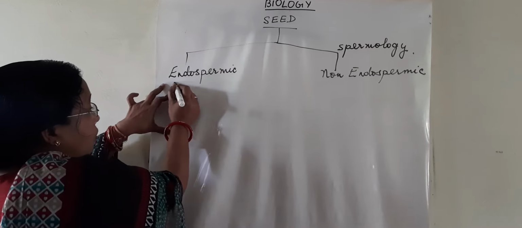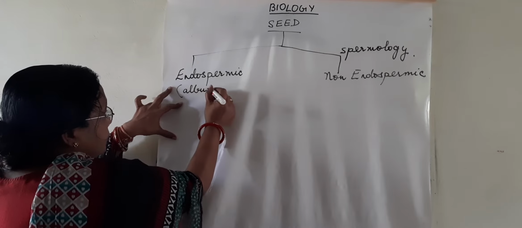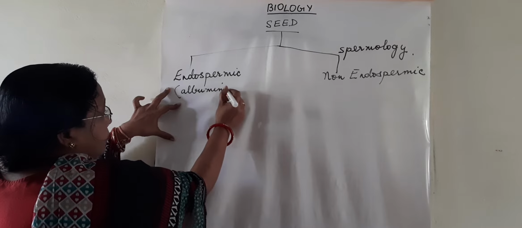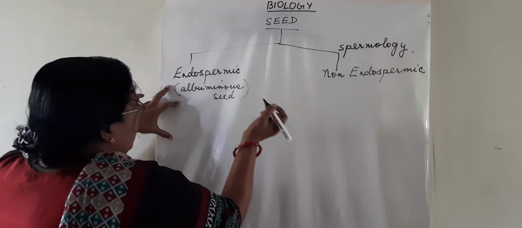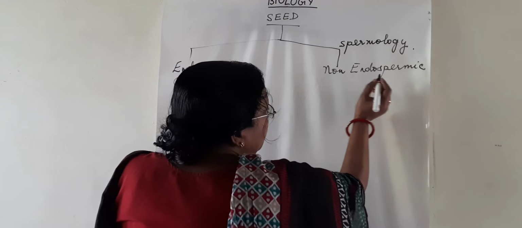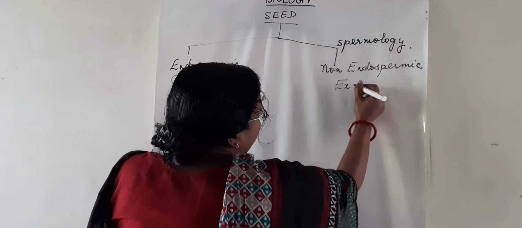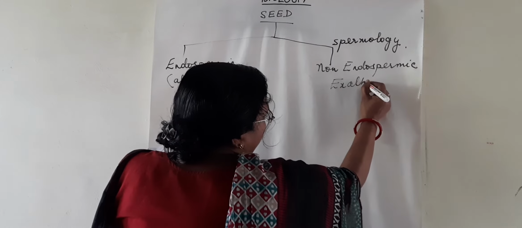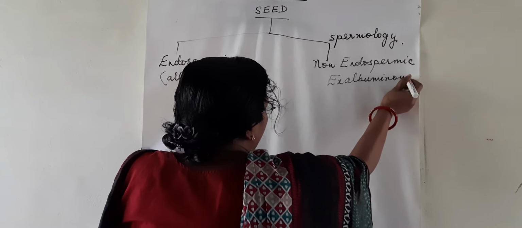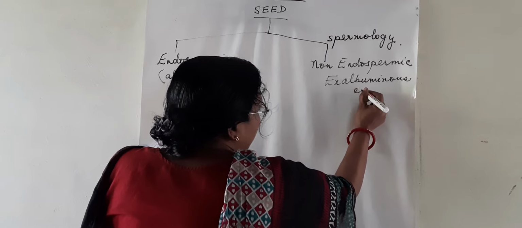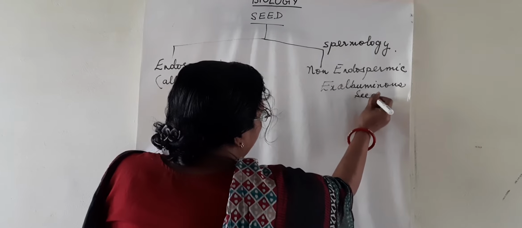Endospermic seed is also known as albuminous seed. The non-endospermic seed is known as ex-albuminous seed.